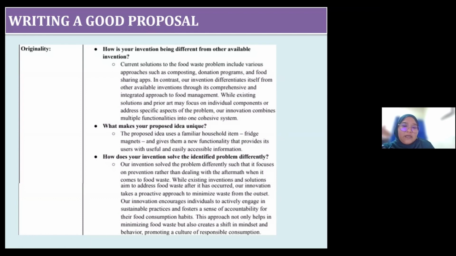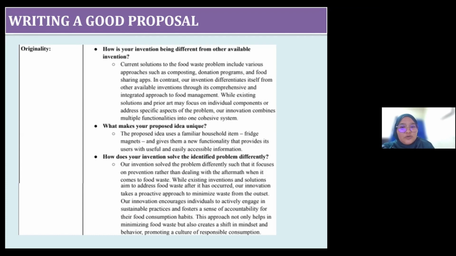So they elaborate how their invention is different from the previous problem that was identified. Here is how they answered the subcomponent of originality.